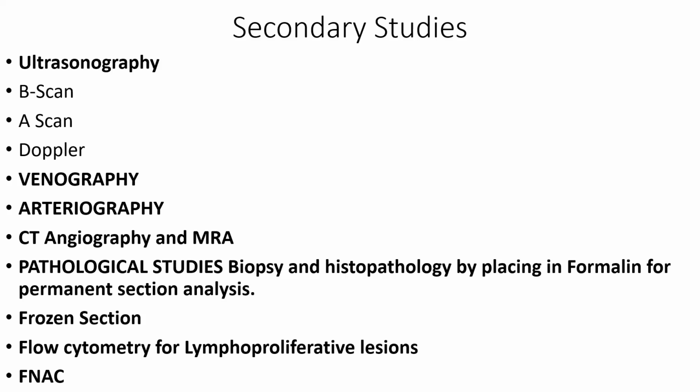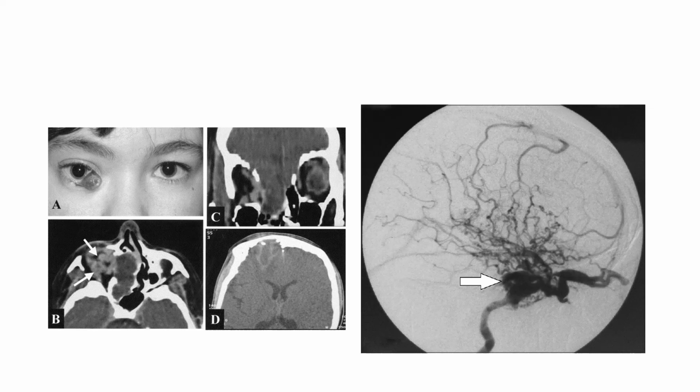Pathological studies can be performed by taking the biopsy and sending it for histopathology. We can do the pathological study on frozen section, flow cytometry for lymphoproliferative lesions, and fine needle aspiration cytology can also be performed.